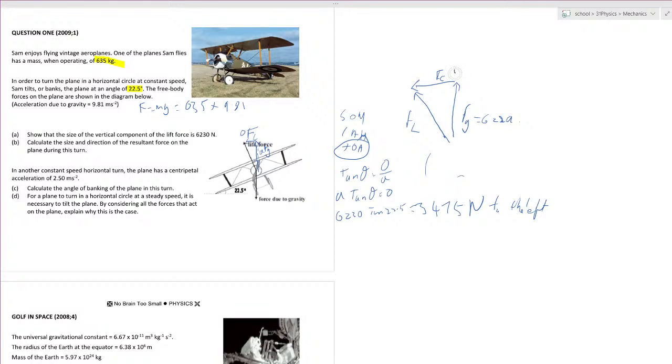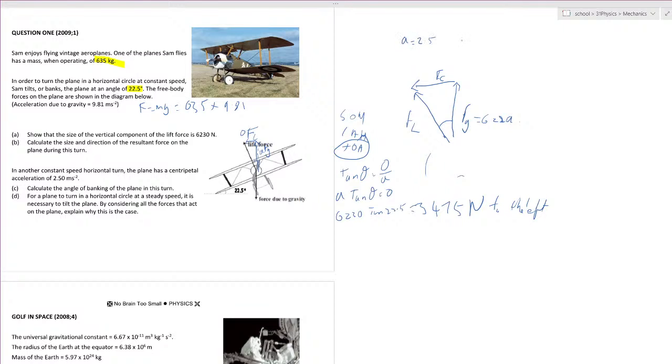This is going to increase, is that right? For the centripetal, in another constant speed turn, the plane has a centripetal acceleration of 2.5 meters per second squared. Okay, so we don't actually know if it's going to increase or decrease, but we're going to work it out here. So the centripetal acceleration is 2.5.